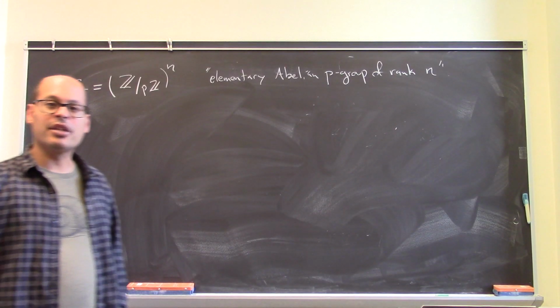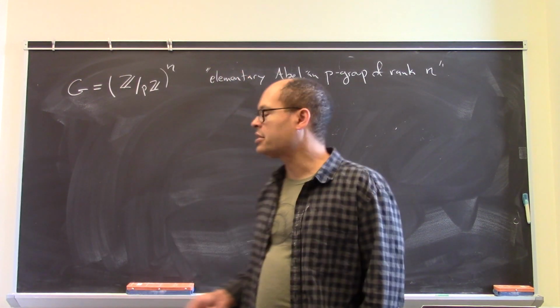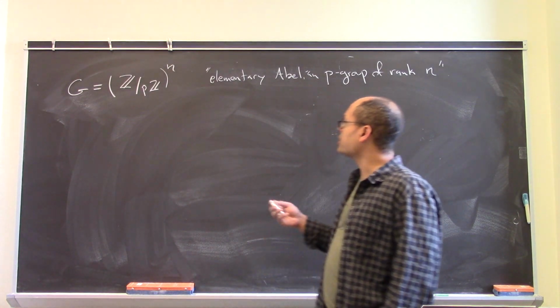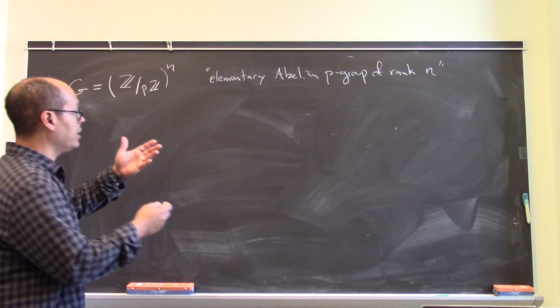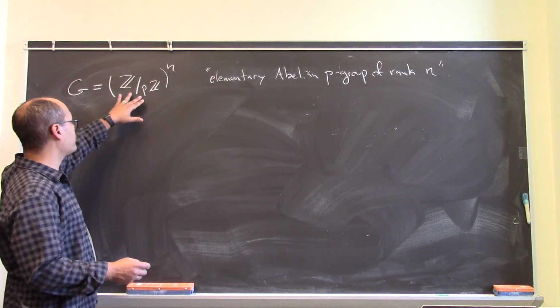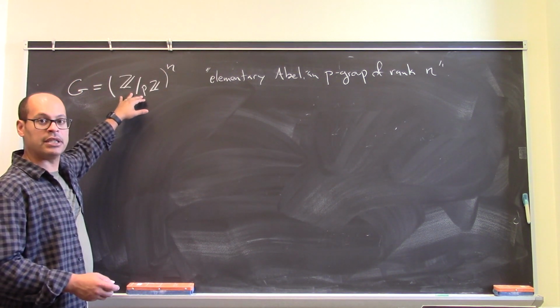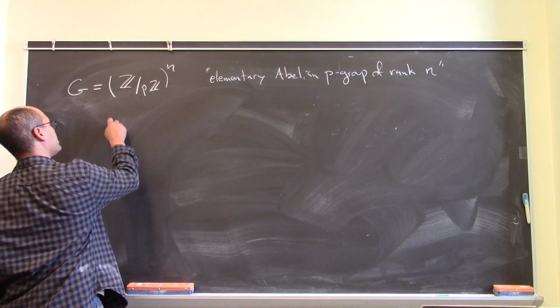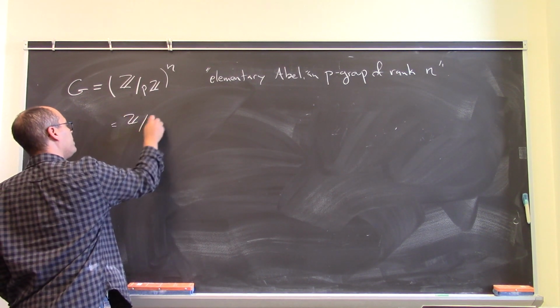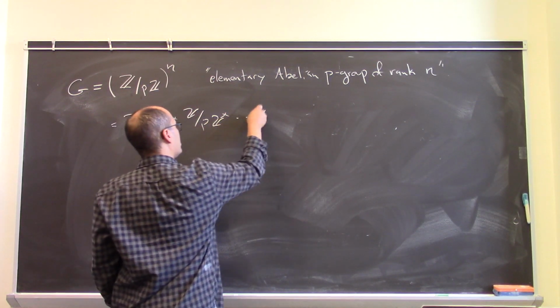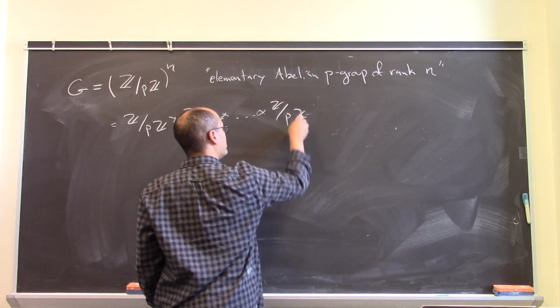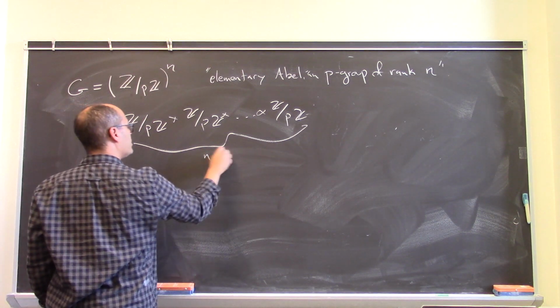All right, let's consider as our next case what's called an elementary abelian p-group of rank n. So this is where I have a bunch of copies of Z mod pZ, n copies. By this I just mean you have Z mod pZ cross Z mod pZ cross dot dot dot Z mod pZ all together n times.